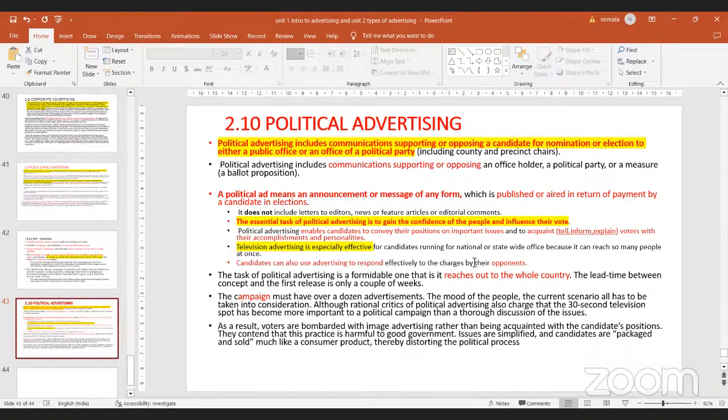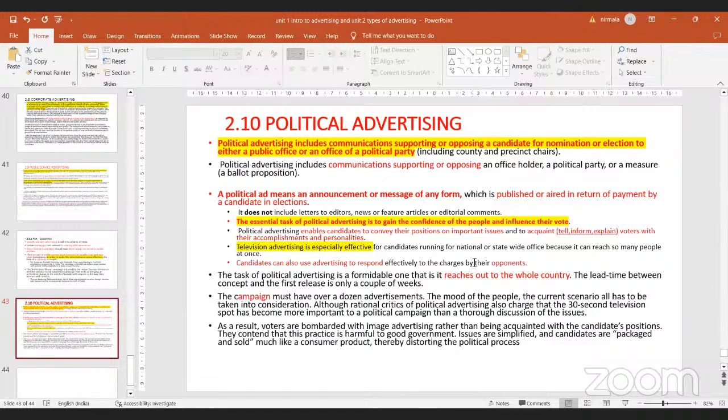Then when it comes to political advertising, the political parties, political leaders, and the candidates go for political advertising, where most of the time, a political organization wants to showcase the positive aspects of a particular person who is going for nomination, or who is elected in any kind of election, or who got a kind of position, or to promote a positive image of the political party which is established in a particular state, or maybe national political parties also go for political advertising.